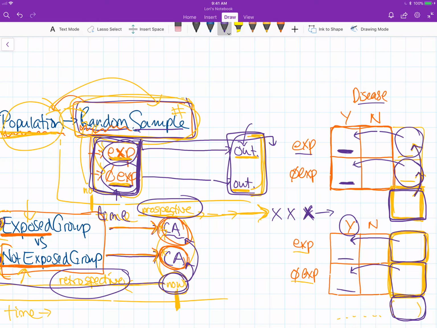What I don't know yet is the disease status, and so then I have to fast forward to today, and then I collect that information, and that can be collected in a similar way to how we collected the data up here. I can interview people, I can do a physical exam and find out if they have that particular disease, whether it's hypertension.